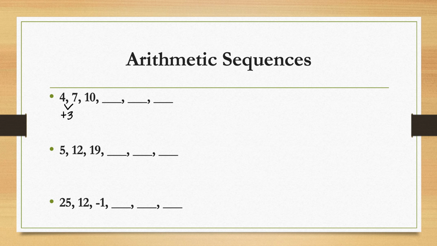And let's do the same thing going from the second term to the third term. So how do we get from 7 to 10? 7 plus 3 is going to give me 10. So you can see that in between each of the terms, you're adding 3. So we're going to continue that pattern. As we move from 10 to the next term, we're going to say 10 plus 3.